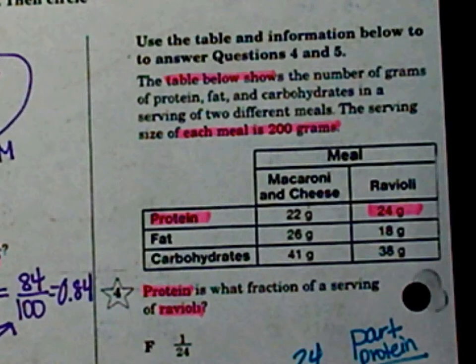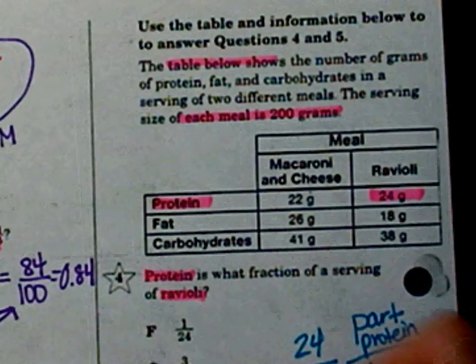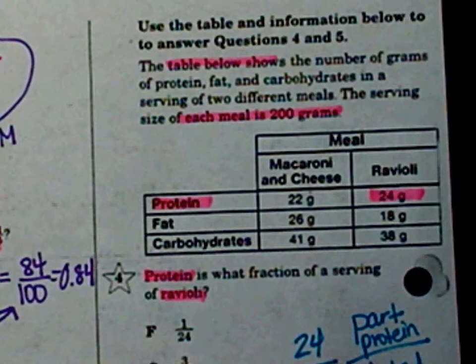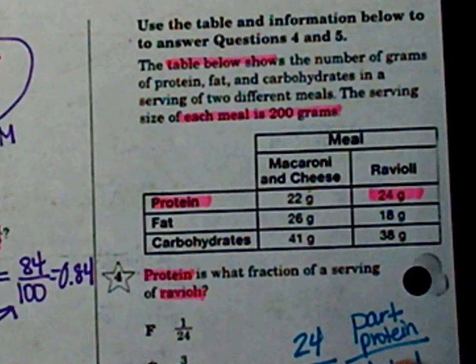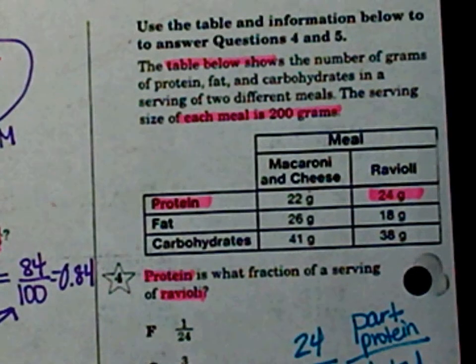So if you don't know your greatest common factor, what I was talking about in the other video is to do prime factorization. If I did prime factorization for 24, I'd have 2 times 2 times 2 times 3. 6 times 2, yeah, that's right.